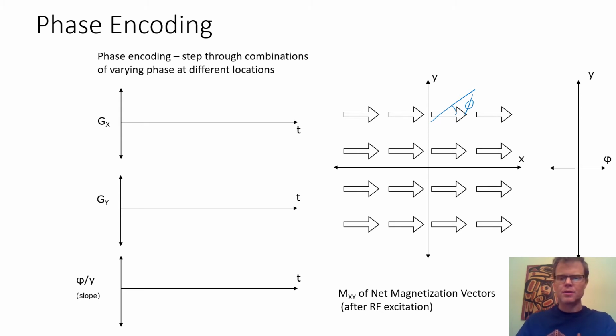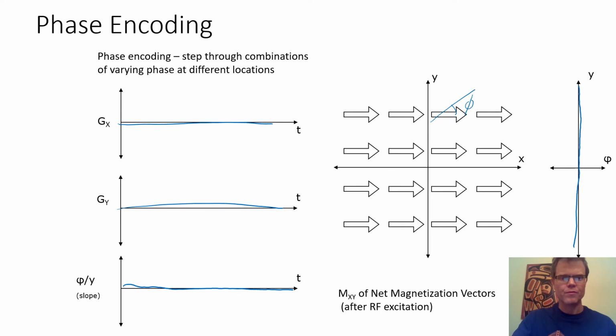And in this initial illustration, this is for no gradients turned on. So there will be, in fact, no phase accumulation over time, or there's no change in the phase as a function of position.